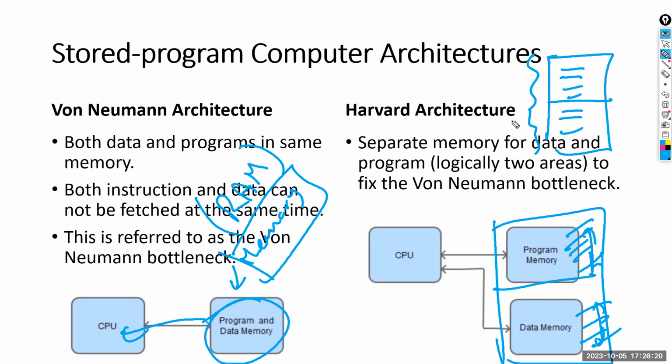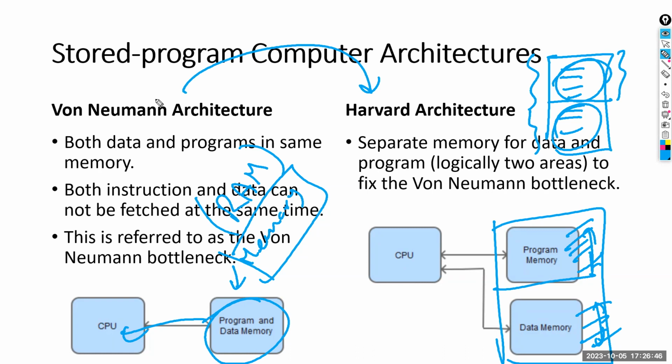So we don't mix data and programs in the memory. We separate them. That concept came from the Harvard architecture. So basically, the Harvard architecture is a refinement of the von Neumann architecture.